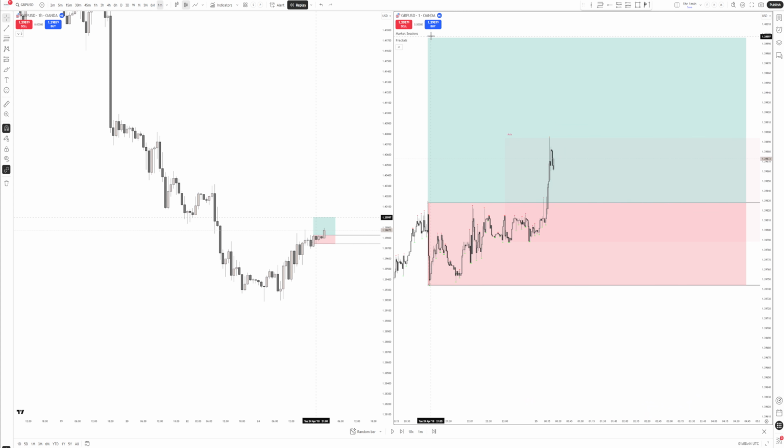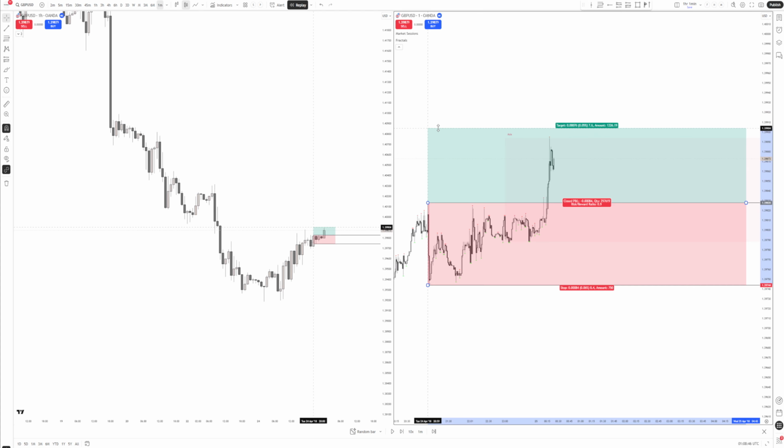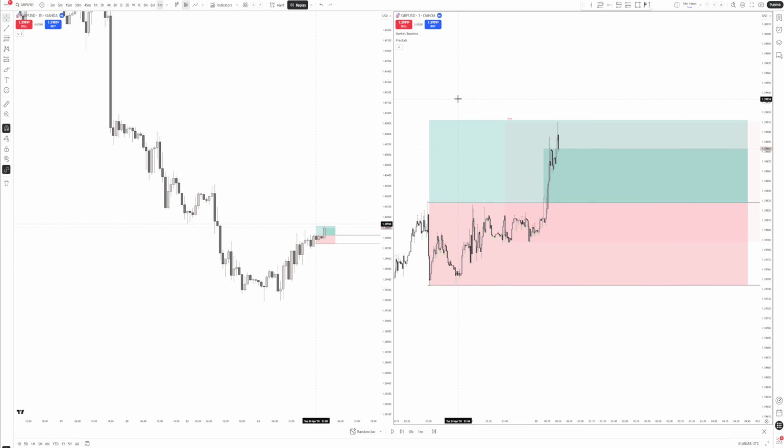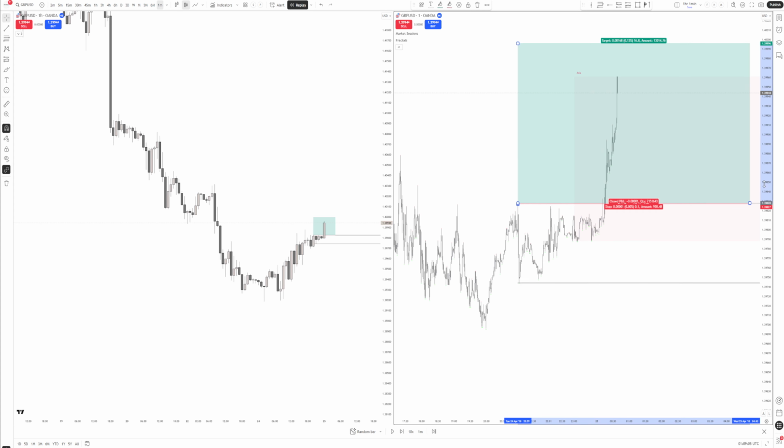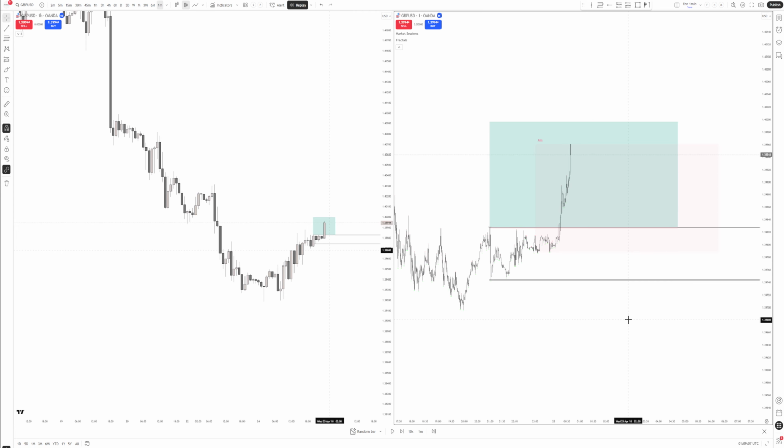and if we can get a 1-to-1 reward to risk, which is about there, just see if it tags us in. I mean, well, we're tagged in already, but if we can reach it, yep, we reached it. And what we're going to do is move the stop loss to break even, and we just let the trade play out.